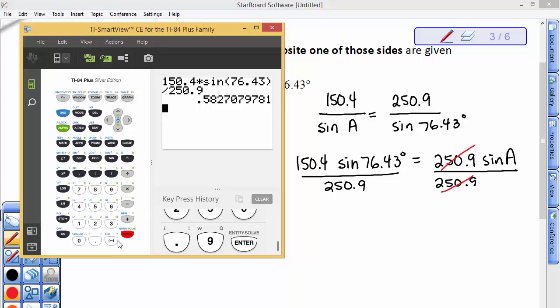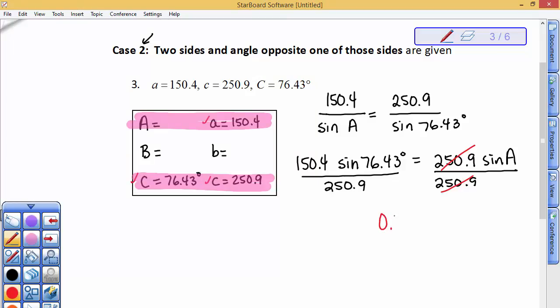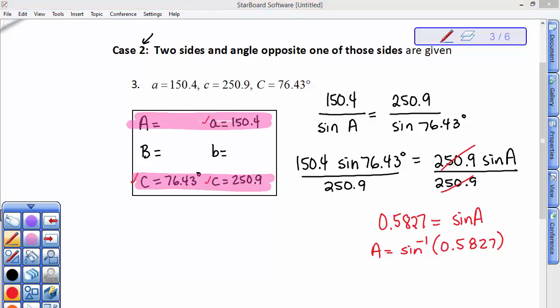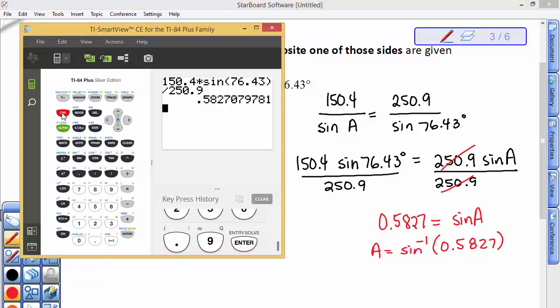That number is going to be a ratio for the sine of angle A, 0.5827, which I'm going to write down. And that's equal to the sine of angle A. Remember, to find the angle from the ratio, you go into the calculator and say, hey calculator, if the ratio is this, would you tell me the size of the angle? So we go second sine, second answer.